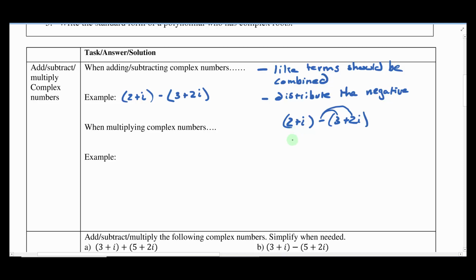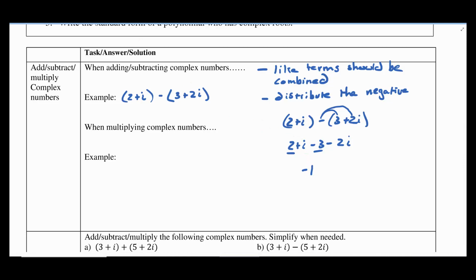So what we're really going to get is 2 plus i minus 3 minus 2i. Then once we have distributed that negative, we want to combine like terms. The 2 and the negative 3 are just regular numbers, so we can combine those and get negative 1.